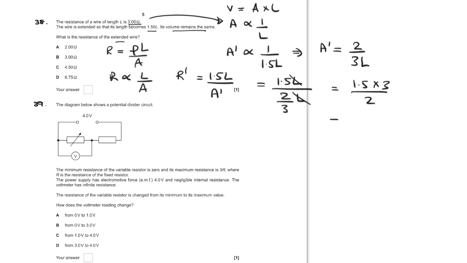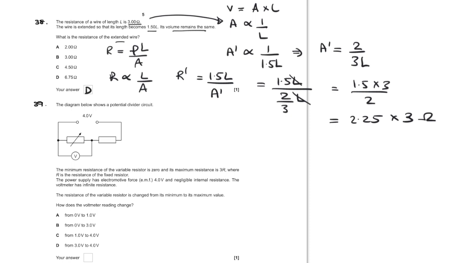That is a constant, which gives me 4.5 over 2, and that is 2.25. In comparison to the original resistance, which was 3 ohms, the new resistance will be 2.25 times the old. So that gives me a value of 6.75 ohms. So D is my answer.